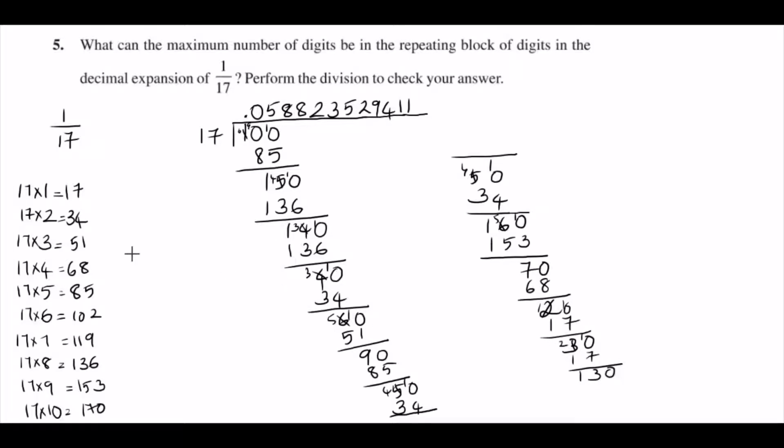3. In 130, 17 goes 7 times. That is 119. In 110, 17 goes 6 times. That is 102.